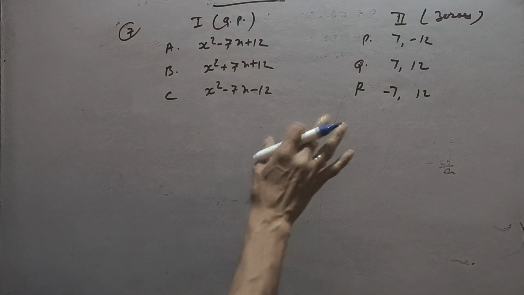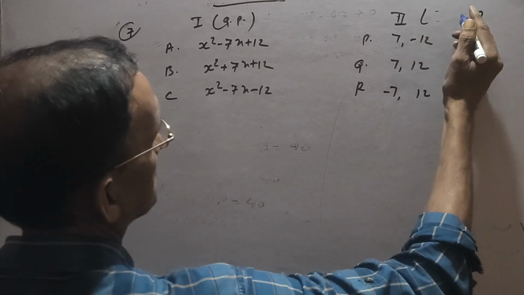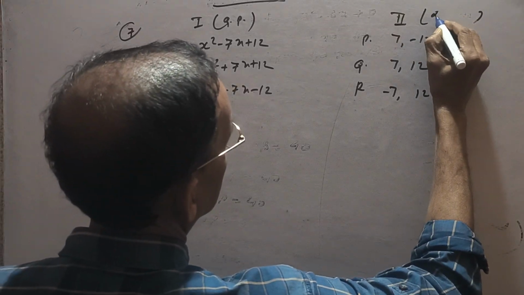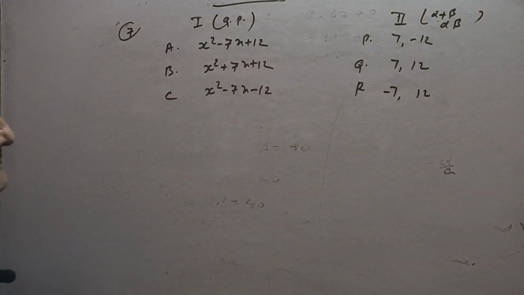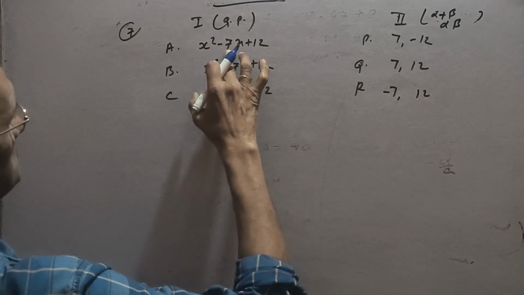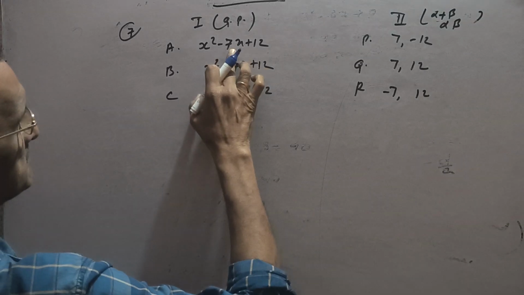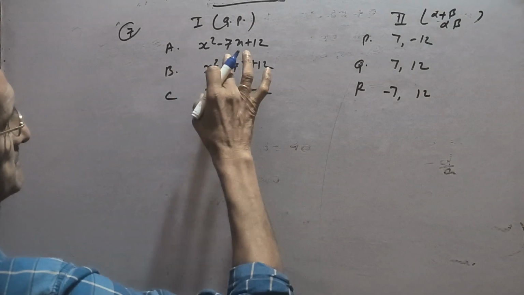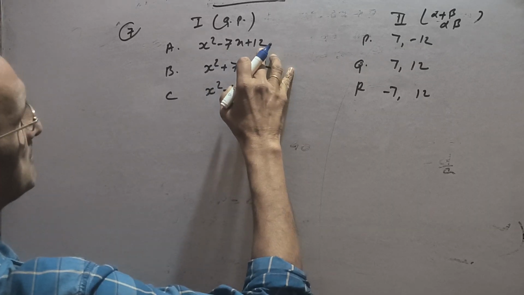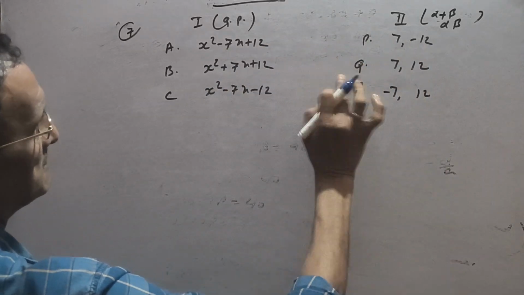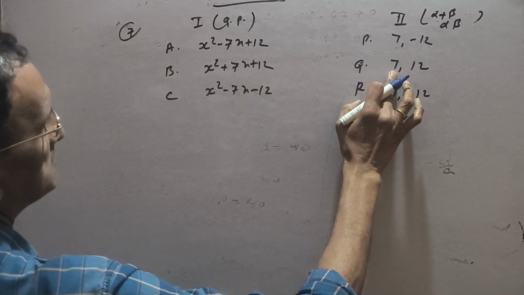These are not zeros. These are the sum and product of zeros. So what is the sum of zeros of this? Minus b by a, so minus minus plus b by a, so 7. But product is c by a, so 12, so minus 12 is not correct. This is 7 and 12.